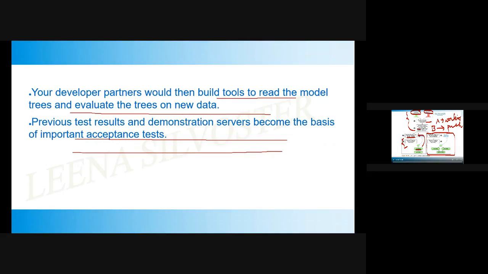So a random forest is a collection of decision trees. The decision tree will be like this: a set of nodes A, B, C, and some decision.